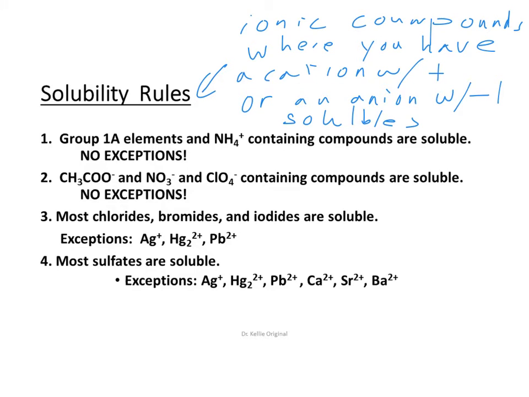That's the quick, dirty way of looking at these 4 rules. Now, you can see just glancing at them, they're more complex than that. So let's go through them one at a time.